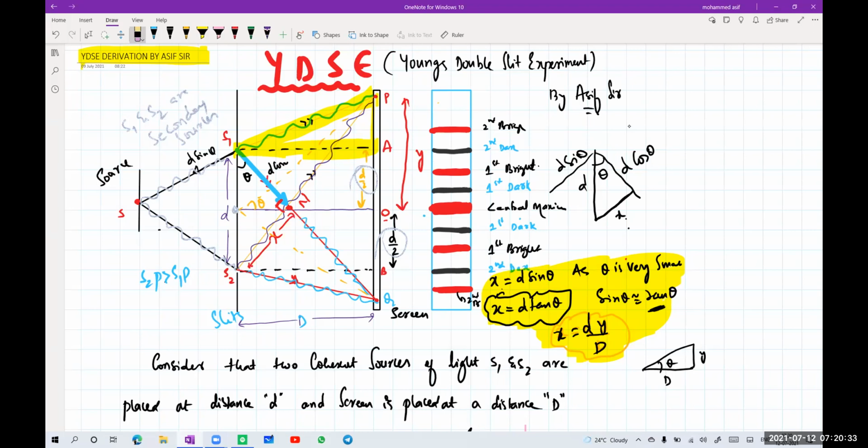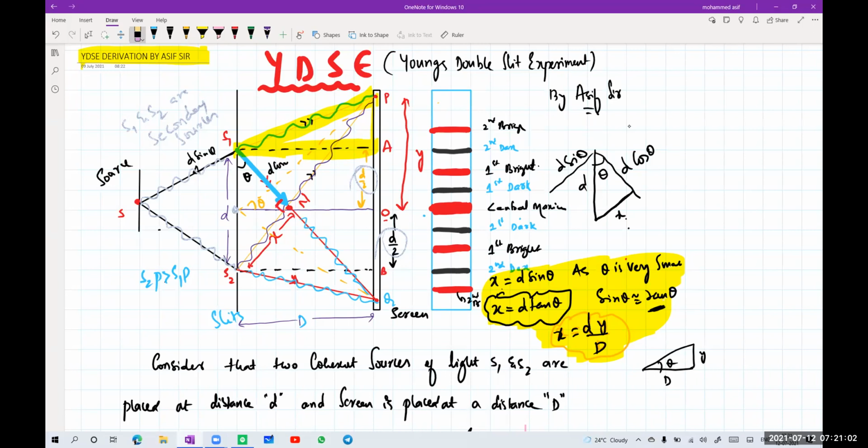The waves from S1 and S2 go somewhere to a point P, where the two waves interfere, either constructively or destructively. S2P is greater than S1P. If I drop a perpendicular on S2P from S1P, this S2N will be equal to x. The distance between S1 and S2 is d. Resolving d into components, I get d sin theta and d cos theta. So d sin theta is equal to x.